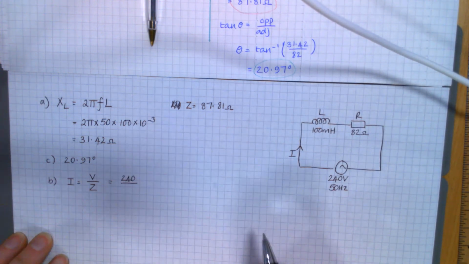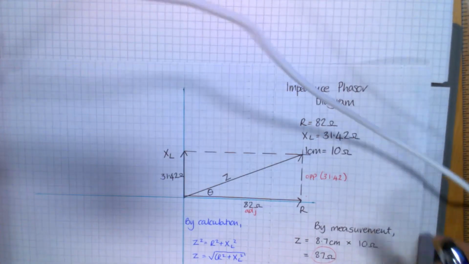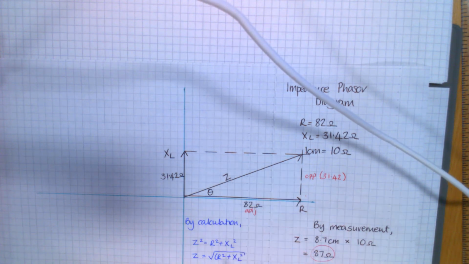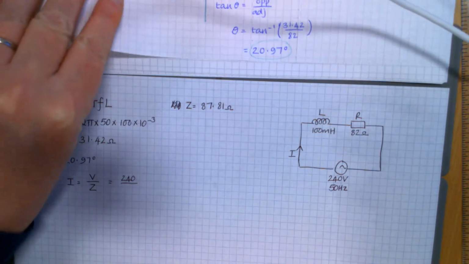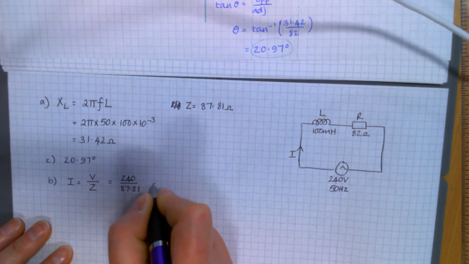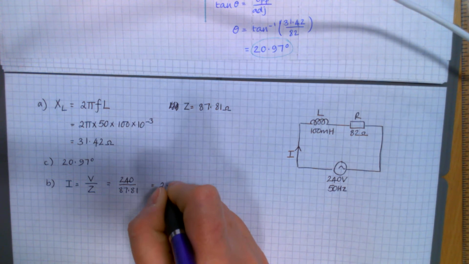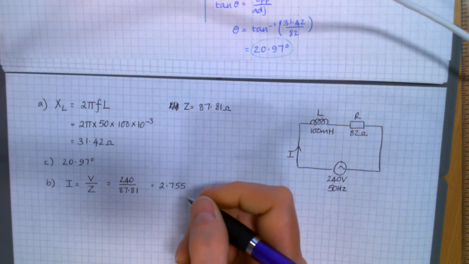And then for your Z, looking back, you don't take your R, you don't take your XL, you take this Z here, this 87.81, to 4 significant figures.